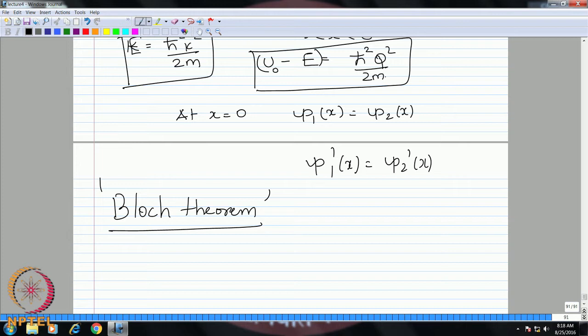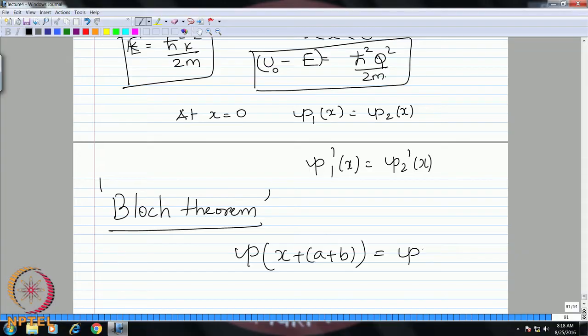Okay. So, this says that psi of x plus a plus b, that means if you are looking at the wave function at some position which is periodic with a plus b, the potential is periodic every a plus b. So, after a plus b, at that particular position, this is linked to the wave function at x, multiplied by e power i kappa multiplied by a plus b.